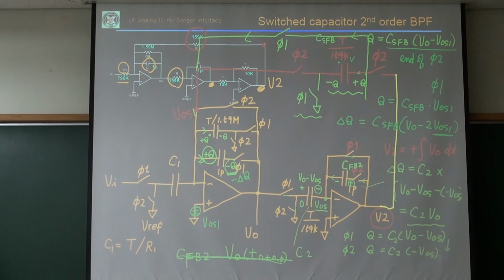If this resistor is R2 and this resistor is R3, the input offset voltage will be multiplied by R2 plus R3 divided by R3, which is around 2, right?